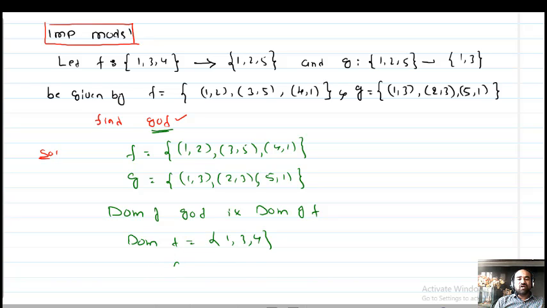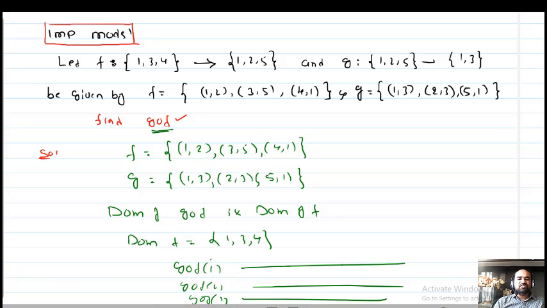So indirectly what we want to find is G circle f of 1, G circle f of 3, G circle f of 4.